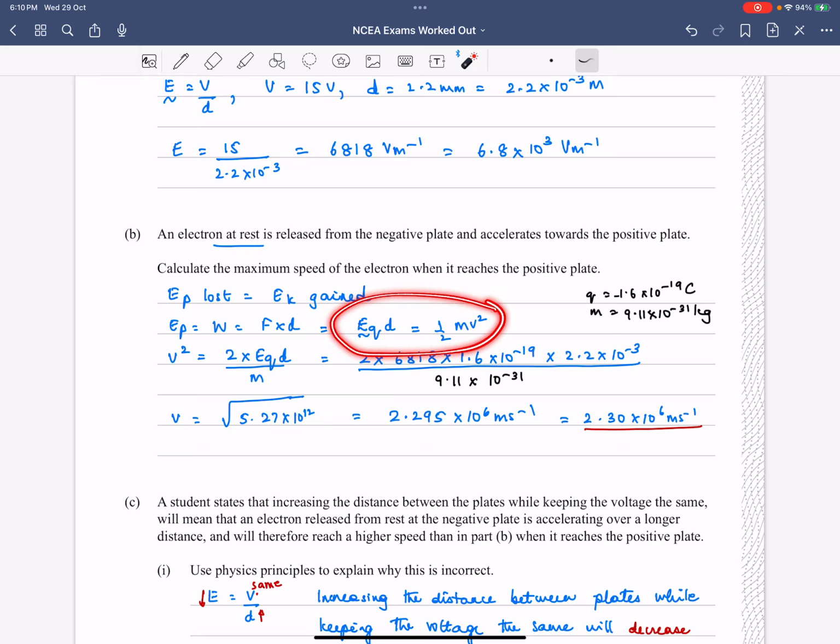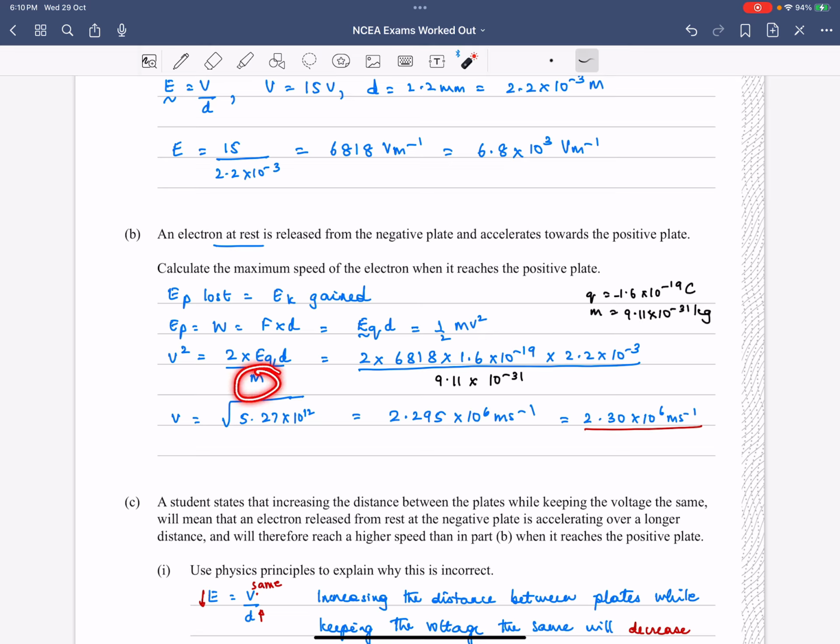If I rearrange this to get v squared on one side, the half m goes to the other side, so the 2 goes on top and the m comes below. That's why you get v squared is this. Then there's your 2, and I substituted for E, Q, and d. The Q is the charge on the electron, which is there in your resource sheet.